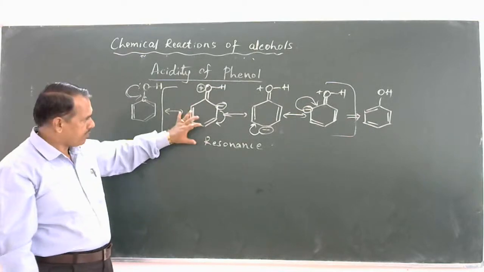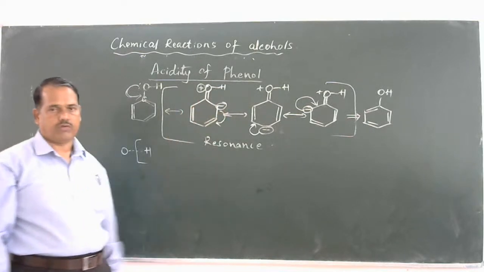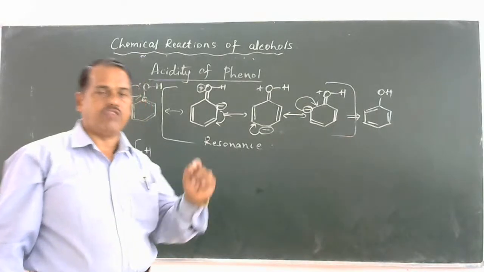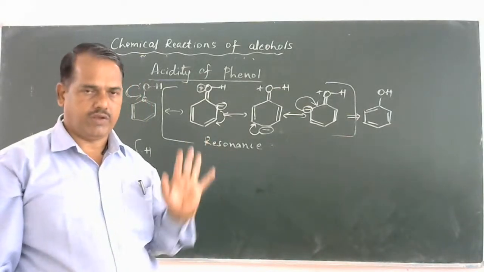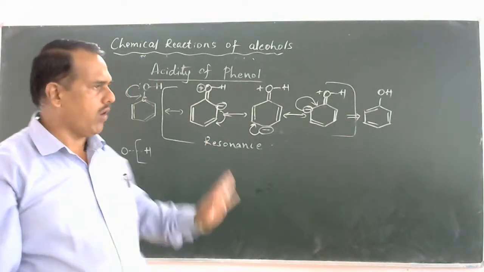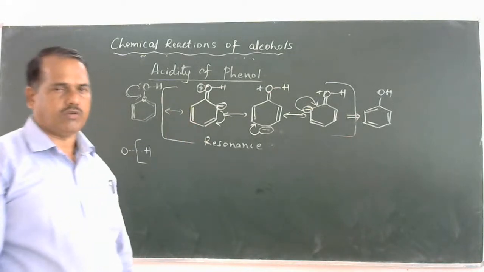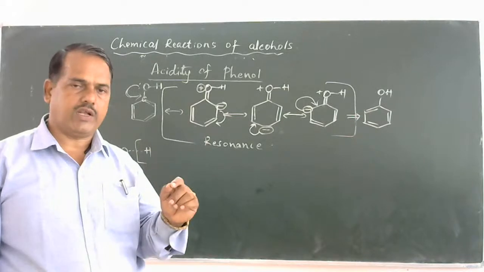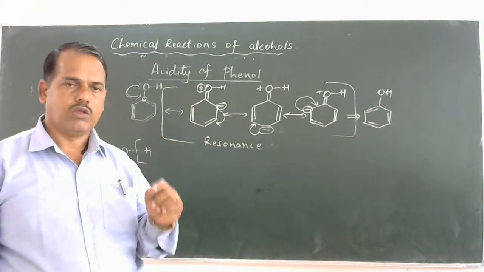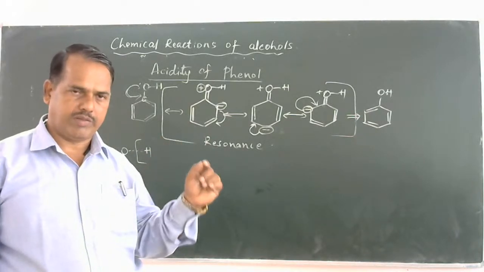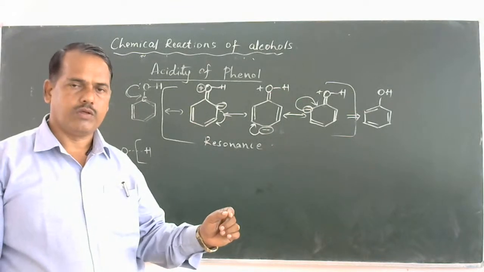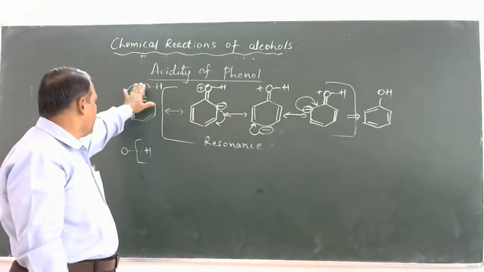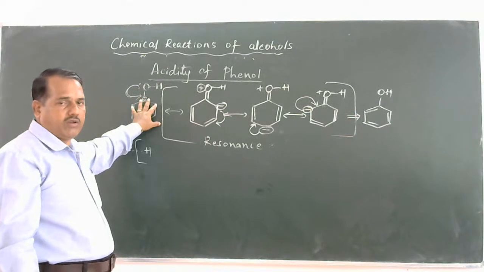You can easily explain this by resonance. If you are asked to explain the acidity of phenol, you have to write this resonance structure. One point you have to write: the oxygen atom which is attached to the sp2 hybridized carbon of the benzene ring donates its electron to the benzene ring.